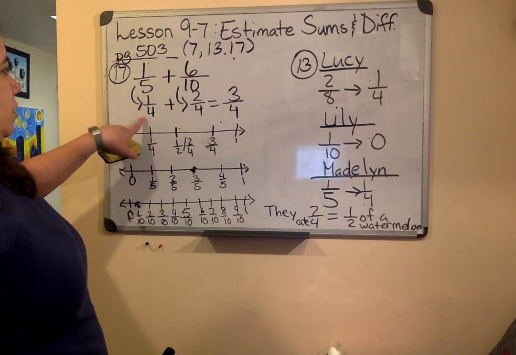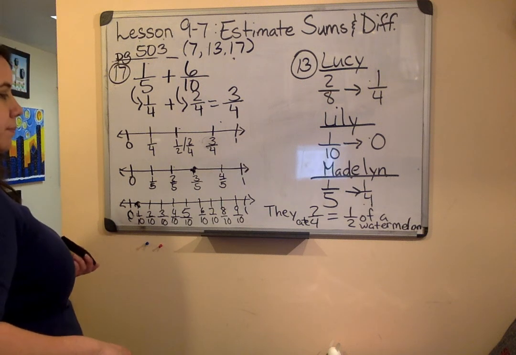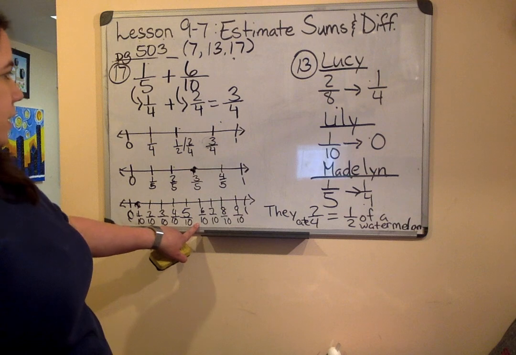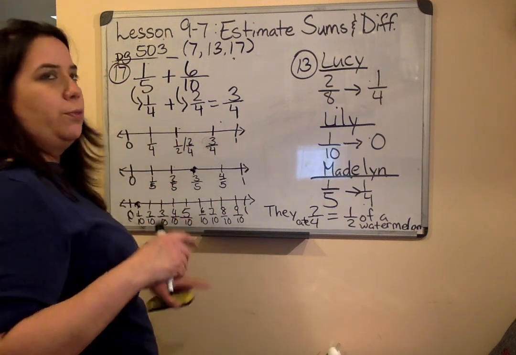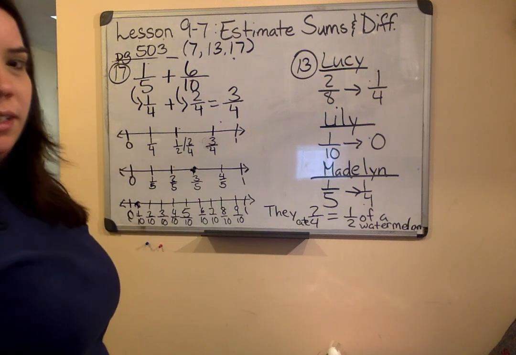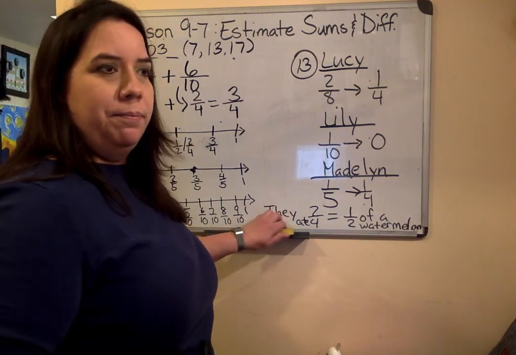And then we saw that 6/10 is closer to 1/2, so we made it 2/4, dos cuartos. And then we added and got 3/4. Así que después sumamos y así es como sacamos la respuesta.